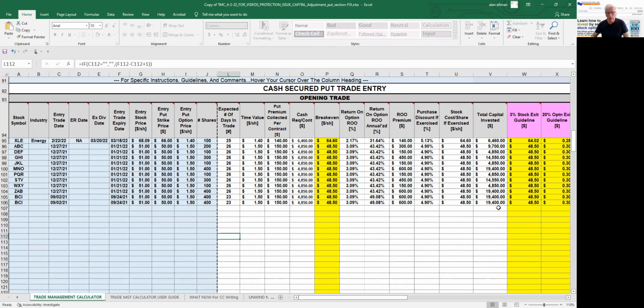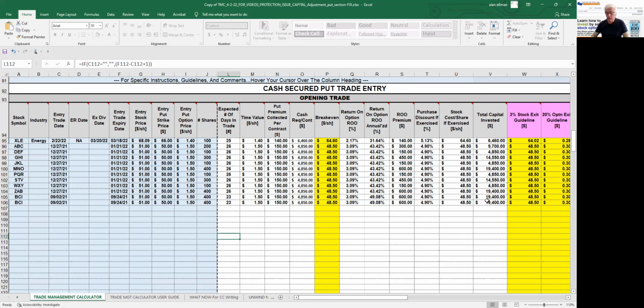Now, I just want you to notice that if we enter this line, the spreadsheet will think that we're actually investing another $19,400. That's just the nature of the spreadsheet. When we enter a trade, it will give us the amount of cash required to secure that trade.